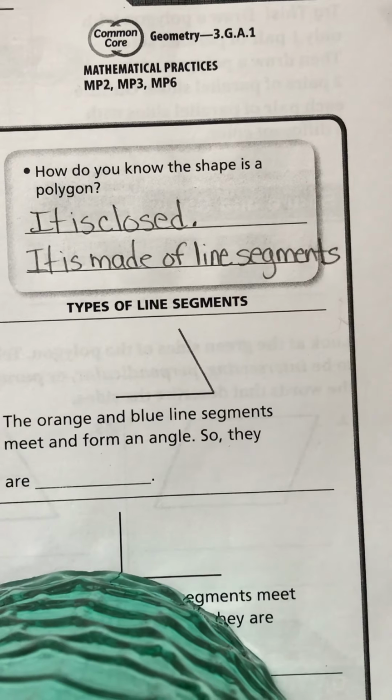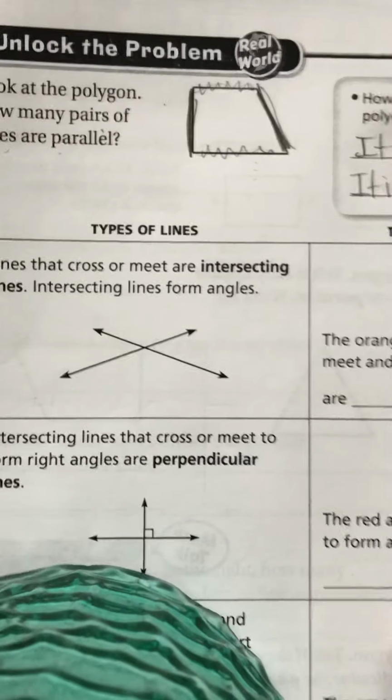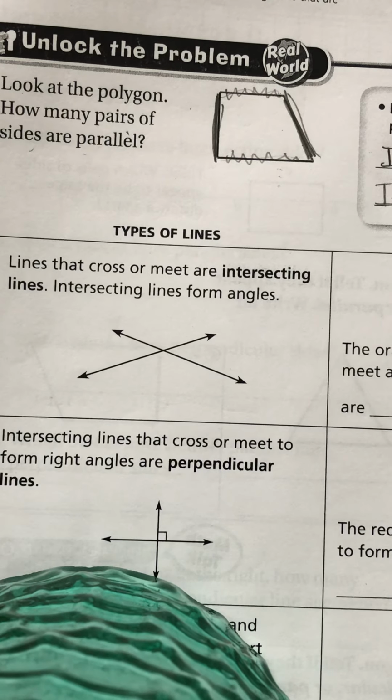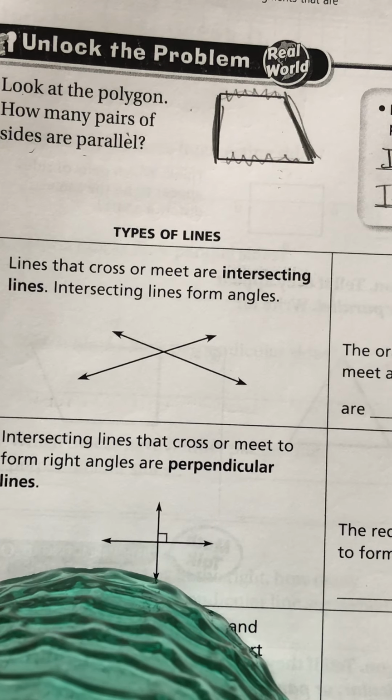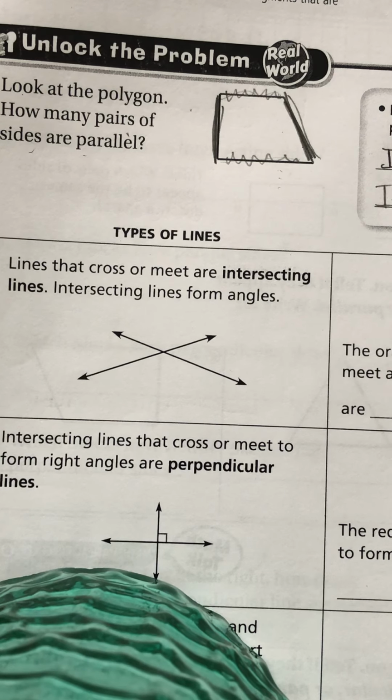All right. Now let's go down to the types of lines. It says lines that cross or meet are intersecting lines. Intersecting lines form angles. Again, I did talk to you about that on a poster that I showed you a while ago on YouTube called Lines Vocabulary.